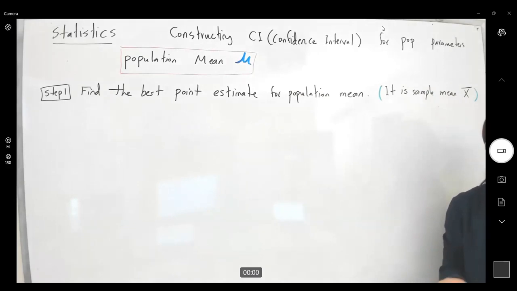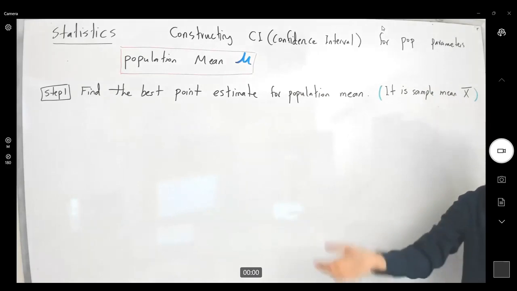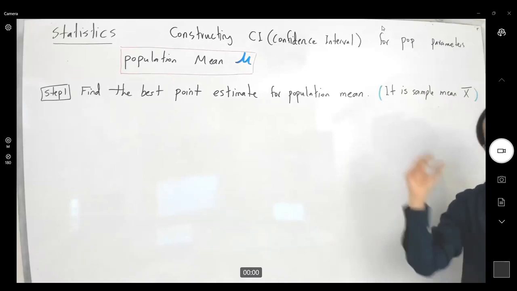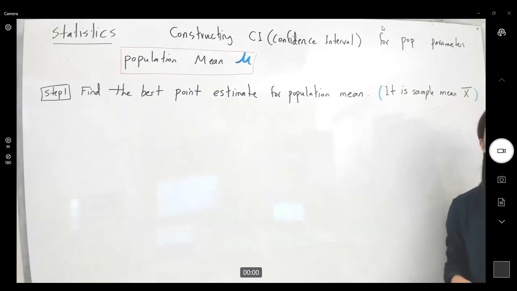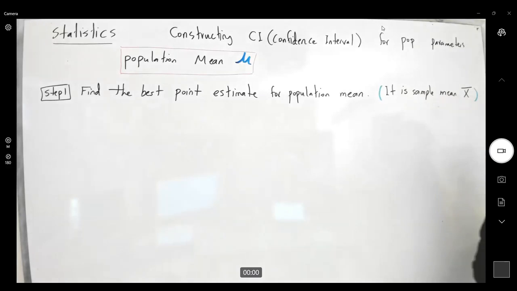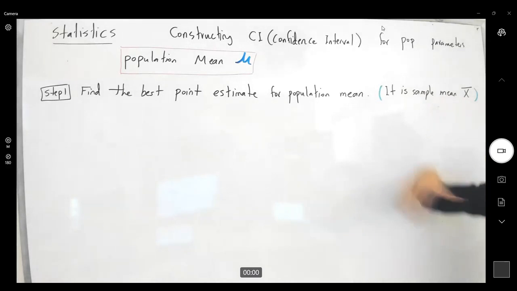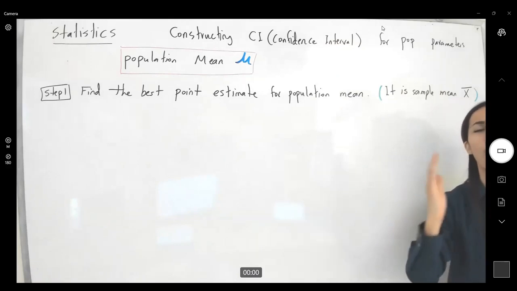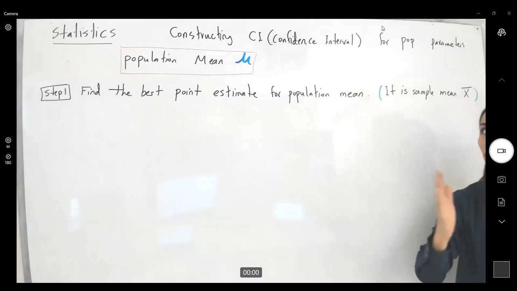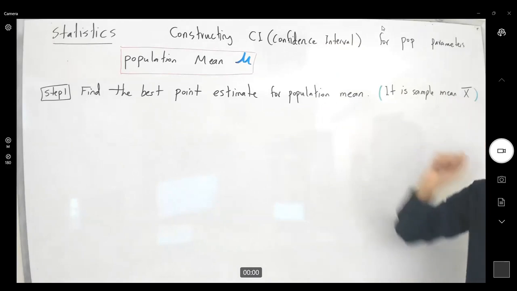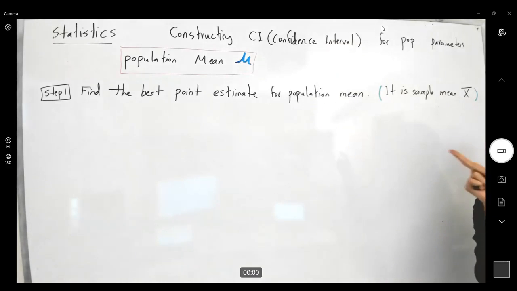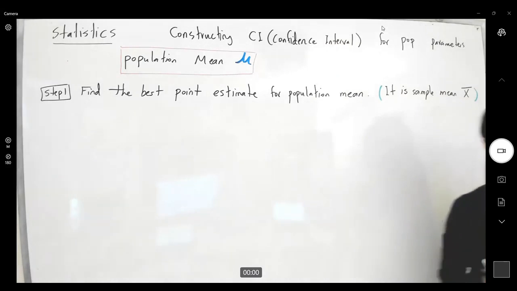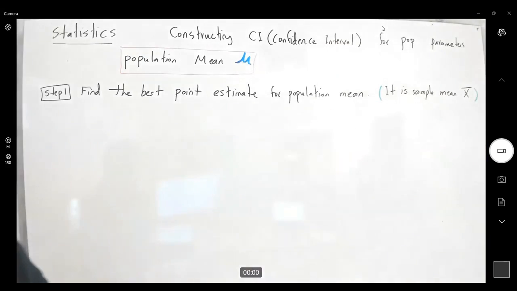Instead of repeatedly taking multiple samples from that population and coming up with more sample means, we're going to build a confidence interval, an interval with all the means that are at a close distance from the population mean. That's the interval.